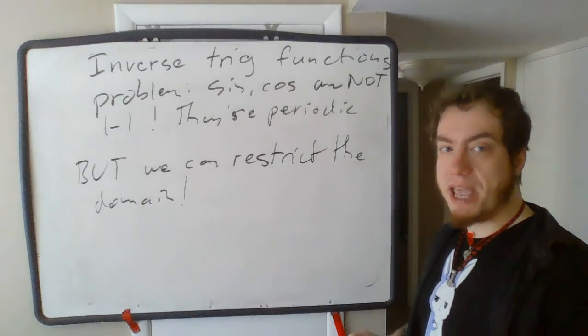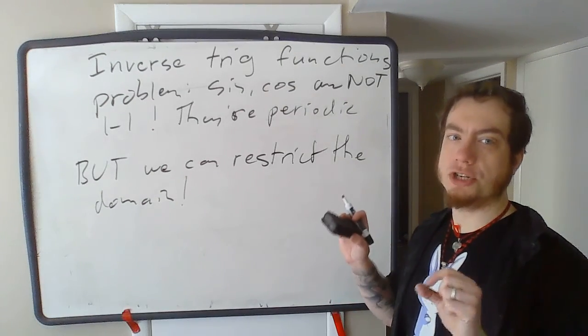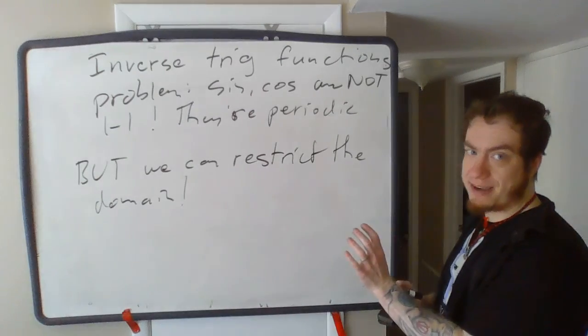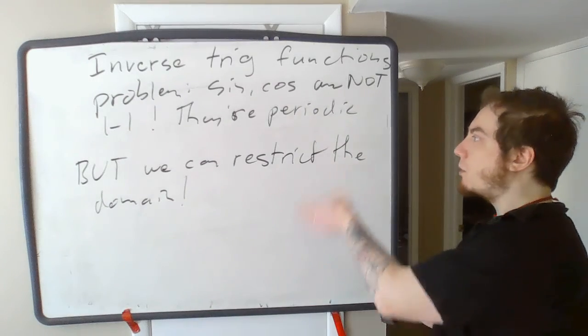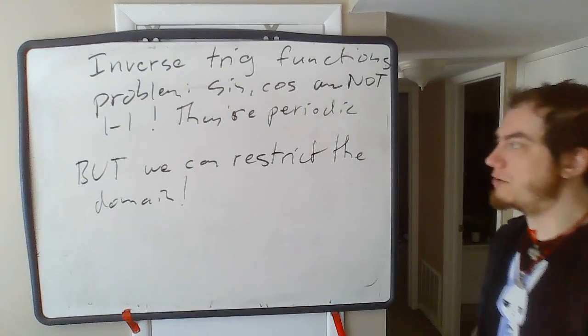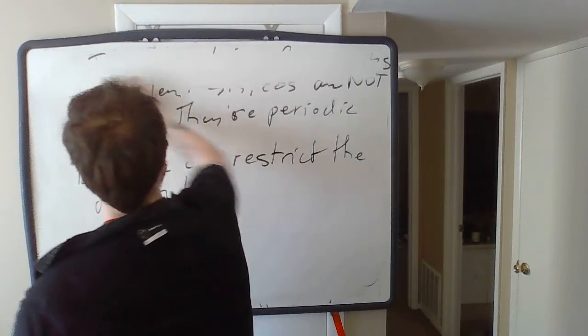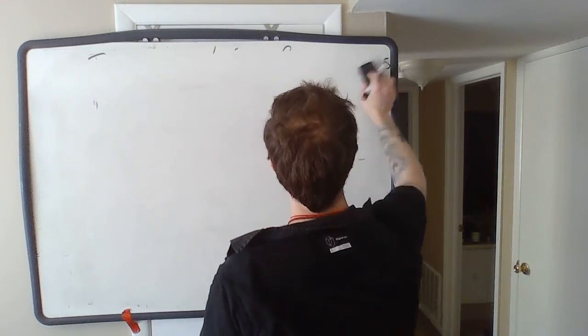If I restrict the domain, if I pick it correctly, then I will get a one-to-one function on this restricted domain, and on that domain, I can define an inverse. Because once I have a one-to-one function, I can always define the inverse. That's no problem. The only issue is that I may need to restrict the domain first.